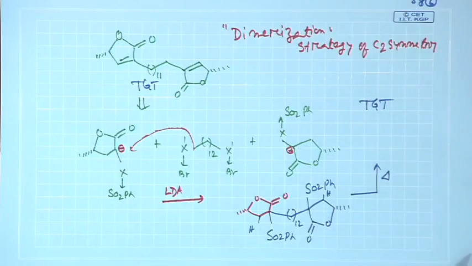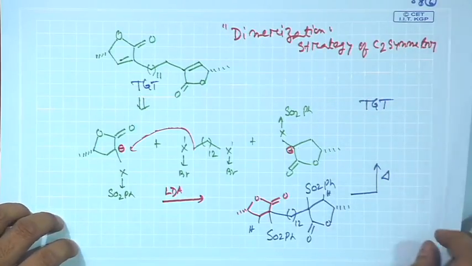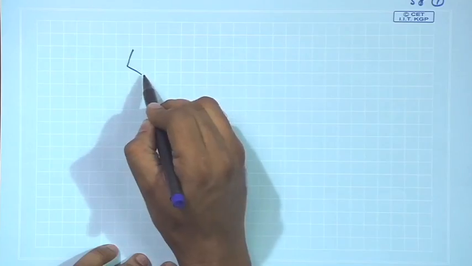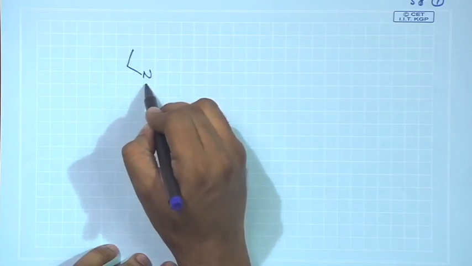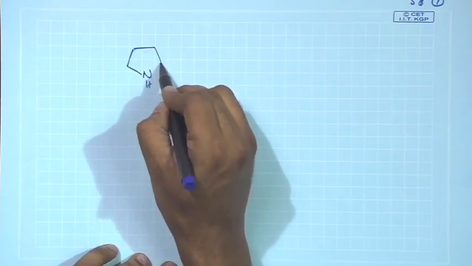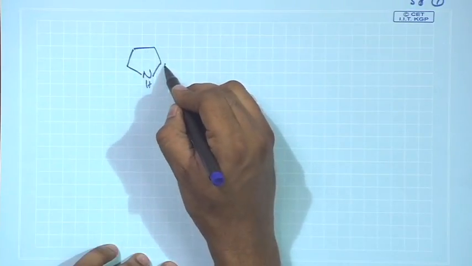So, that is very important. It was very important to memorize all those things. A couple of molecules, probably I can draw here. Now, this particular example is very important.